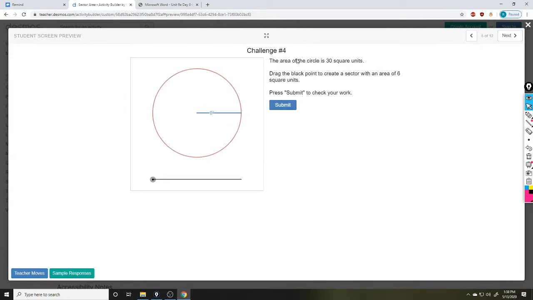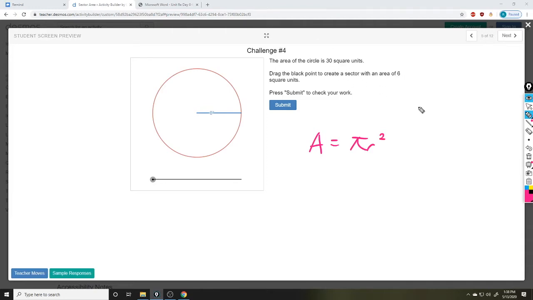Area of 30, drag the point to create an area with 6. I'll let you think about that one and see if you can come up with the answer and with the angle measure that would get you to 6. But what I want to point out is that for most of these problems, since the area of a circle is pi r squared, hopefully you remember that, a lot of times you're not going to end up with exact numbers.